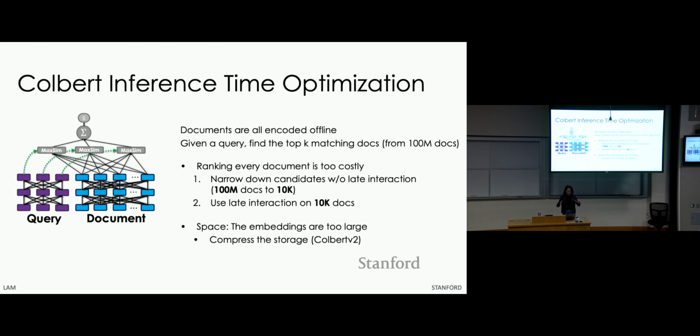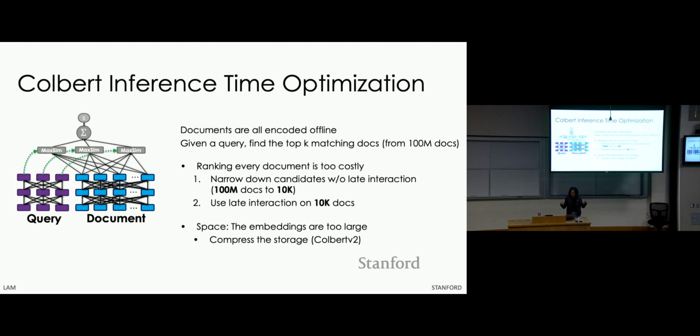When we do the narrowing down of the candidates, we're doing it in a coarse way. Okay, we don't have to find the perfect answer. I just have to make sure that the answer that I'm looking for, maybe the top 10, is within the top 10,000.